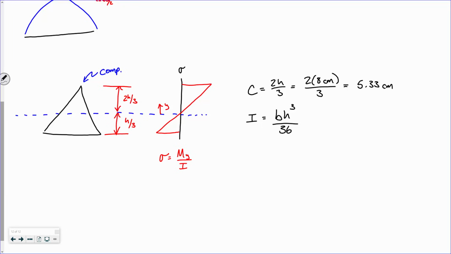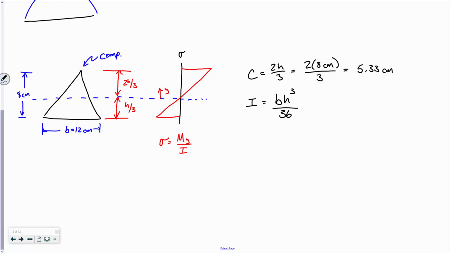Now, how wide is this triangle on this problem? Yeah, this is B. Oh, I see probably what caused the confusion. You're probably wondering how he came up with a height of 8. Actually, this height is 8 centimeters. Watch this.